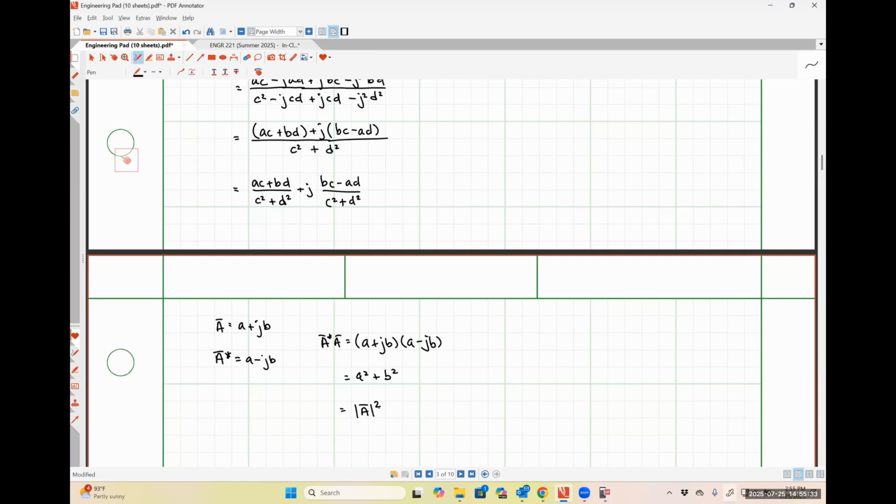So anytime I multiply a complex number by its own complex conjugate, it just looks like the magnitude of that complex number squared. We are going to see that pop up several times, so I just wanted to make you guys aware of it.